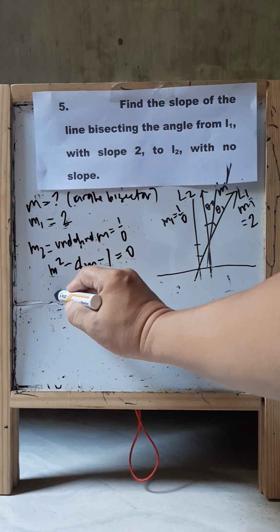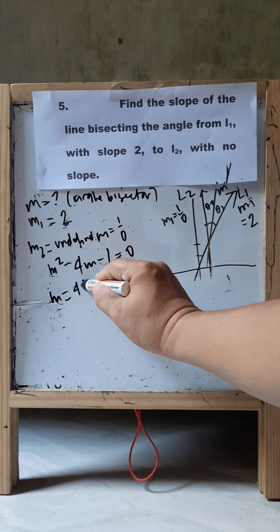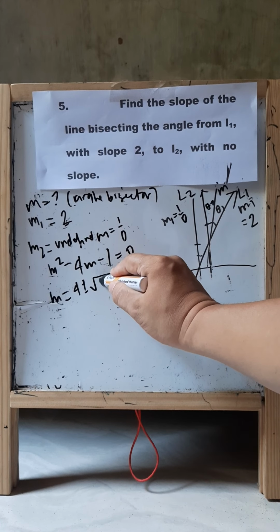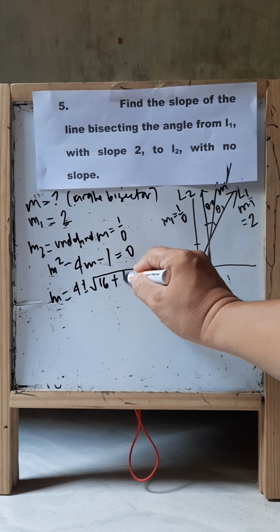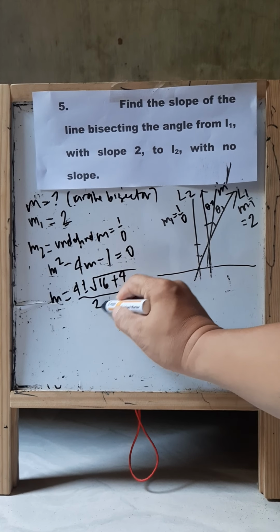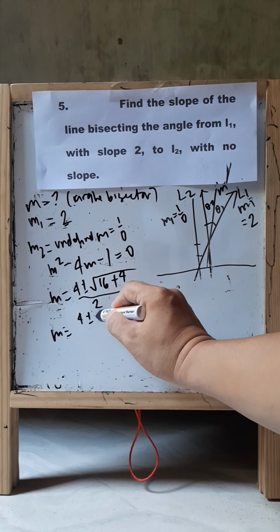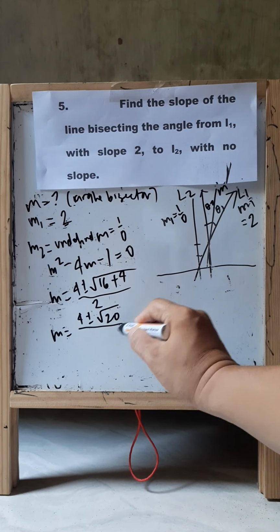So by quadratic formula, we have negative b, so positive 4, plus and minus square root of b squared minus 4ac, where b is negative so it becomes plus 4, all over 2a, so 2 still. So the answer is 4 plus and minus square root of 20 over 2.